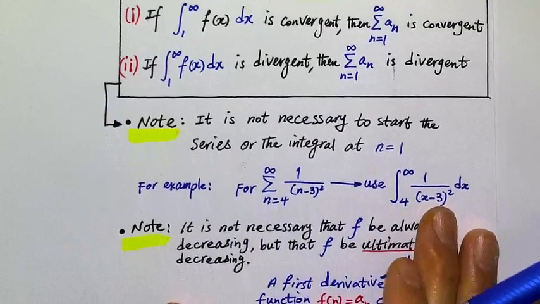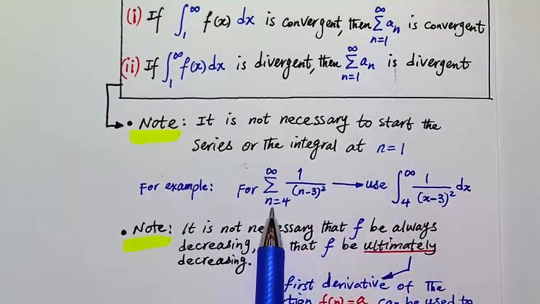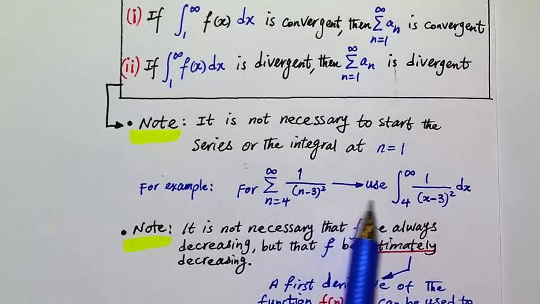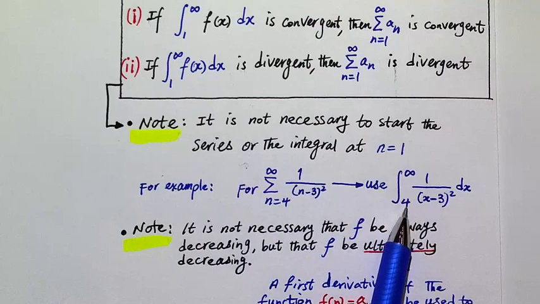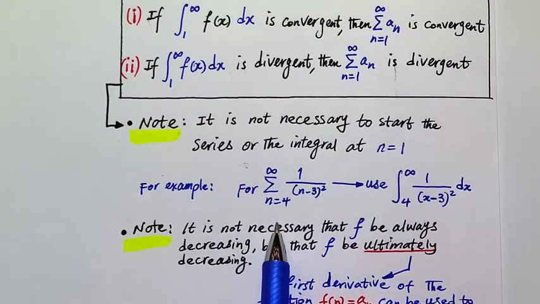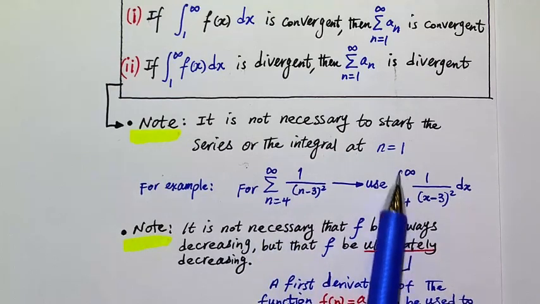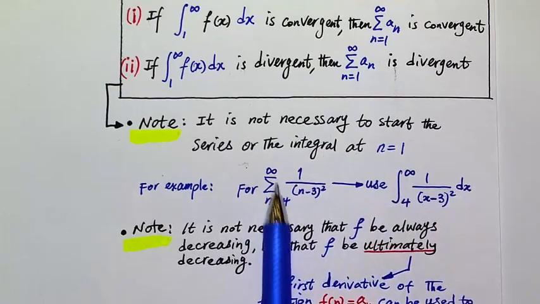So if you have a series that starts at n equals 4, just as an example, then you can use the integral test starting from 4 to infinity. The point is that the integration limits are the same as the ones set by the series. Whether it's starting at 1, 2, 3, or 4, it doesn't matter.